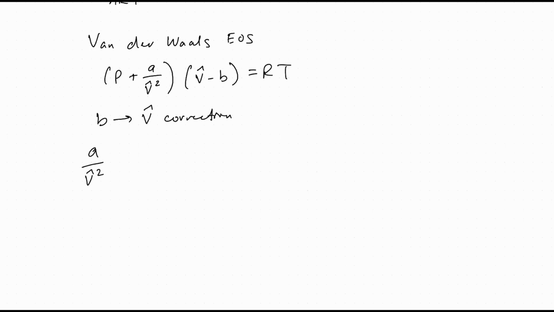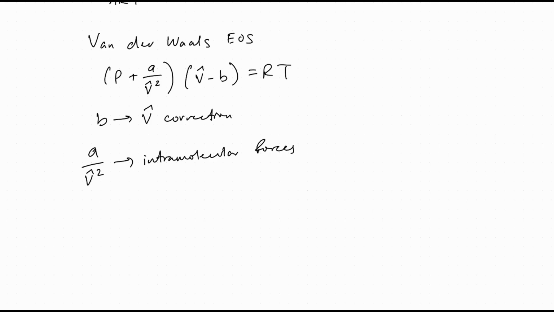And then, of course, you can imagine that this A over V hat squared term accounts for the intermolecular forces. So these attractions between the molecules essentially reduce the effective pressure that the molecules exert on the container walls, right?